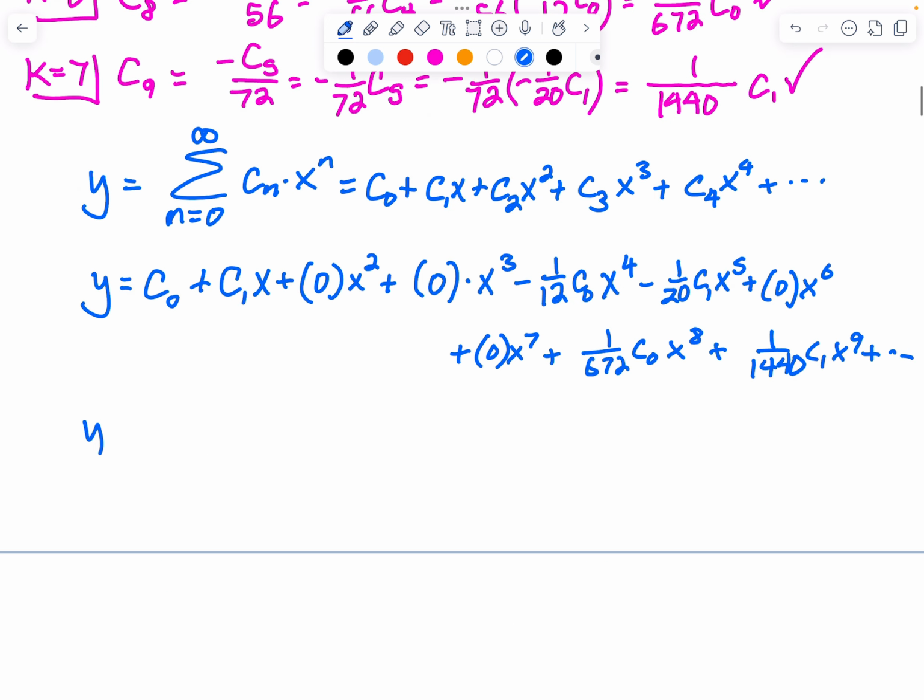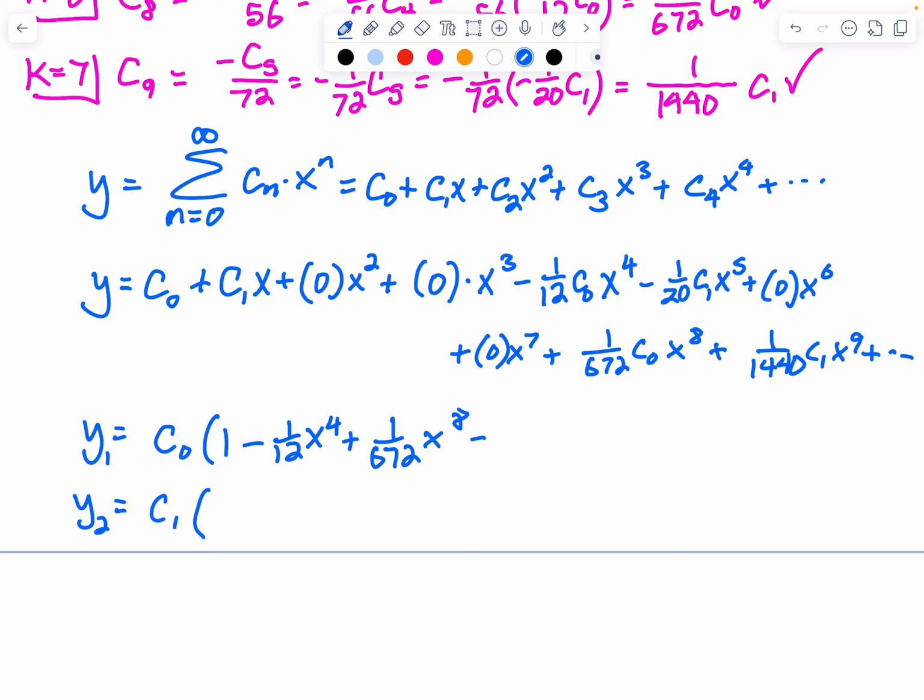So this is how we're going to get 2 solutions. We are going to pick up all the C0s and all the C1s. If I pick up all the C0s, I get 1, because it's got to multiply all the way out. So I get 1, and then minus 1/12 x to the fourth, and then plus 1/672 x to the eighth.